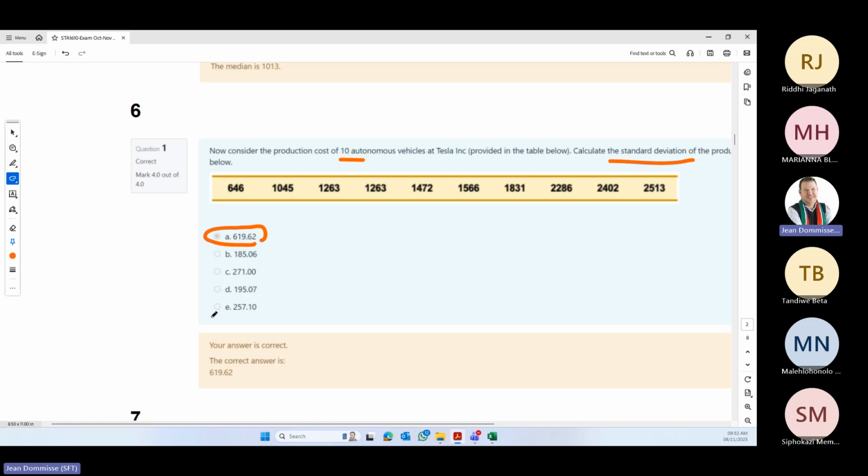Luckily there's not anything else close by that could maybe make us think about the population. But once again, we're working with a sample. They did not tell us that we need to look at the population. So then we take what we have, and that is when we work with a standard deviation of the sample.